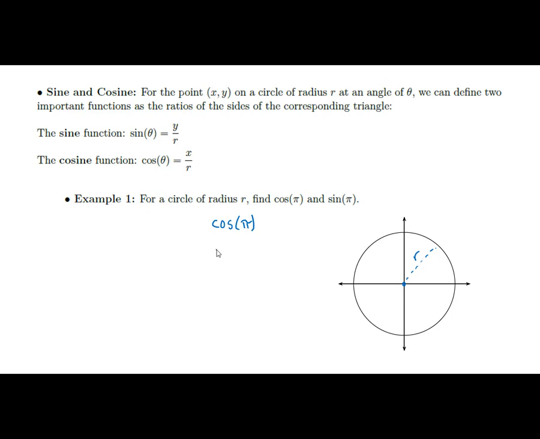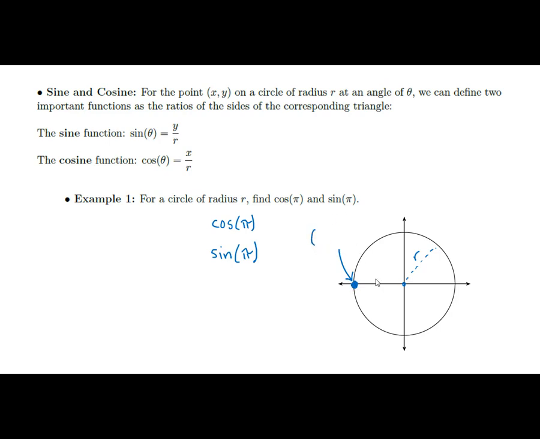So let's first just think about where pi has us end up on the circle. Well, we've already memorized some special angles on circles, and we should remember that pi ends up over here. And so this is where pi gets us to. And that's a pretty easy point for me to identify, right?